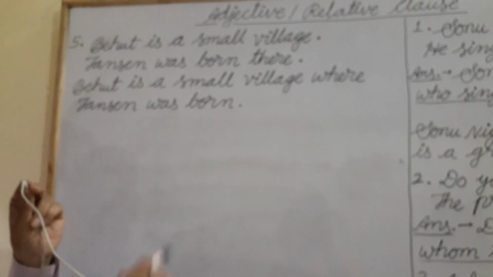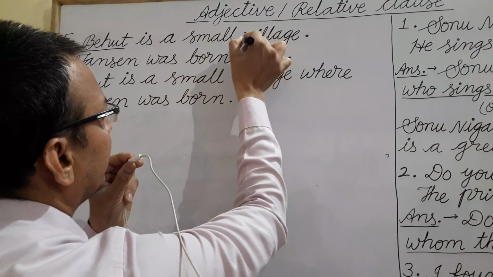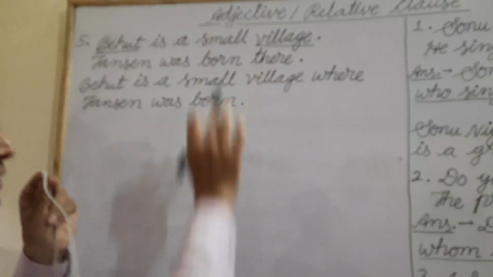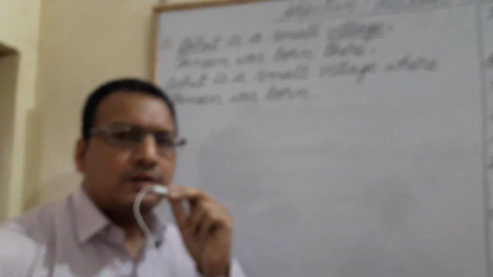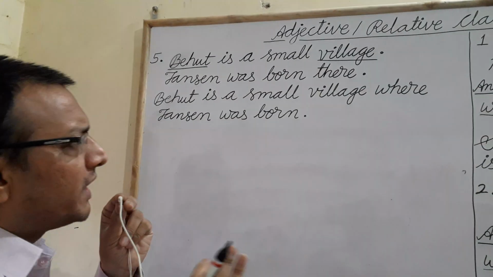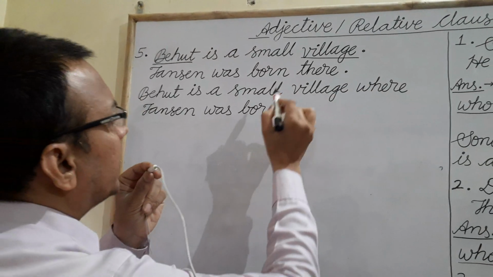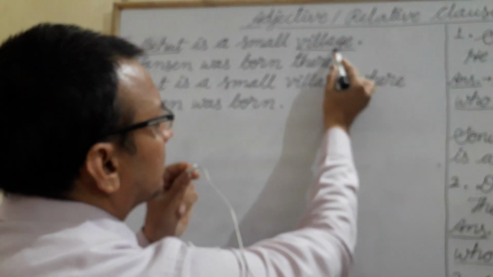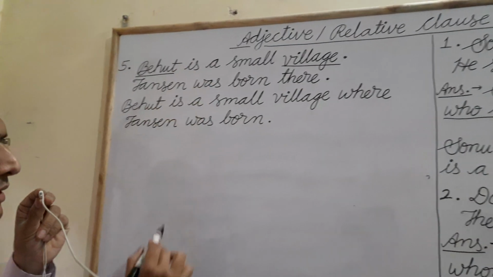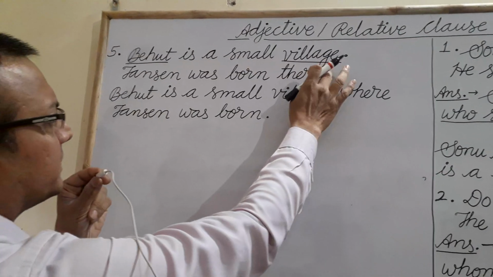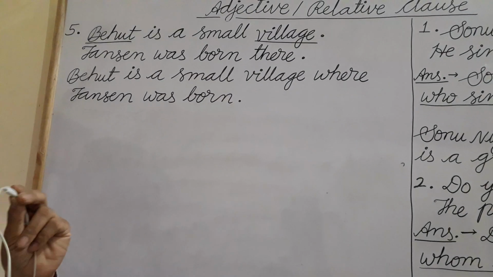Now remember one thing, Behat and a small village, these two refer to a single place. So if the adjective clause qualifies village, means if the adjective clause can be put after village, it can also be put after Behat, because Behat and village, these two words refer to a single place.